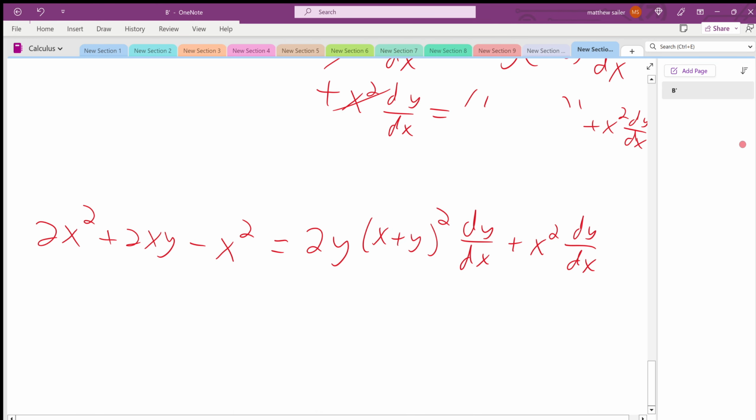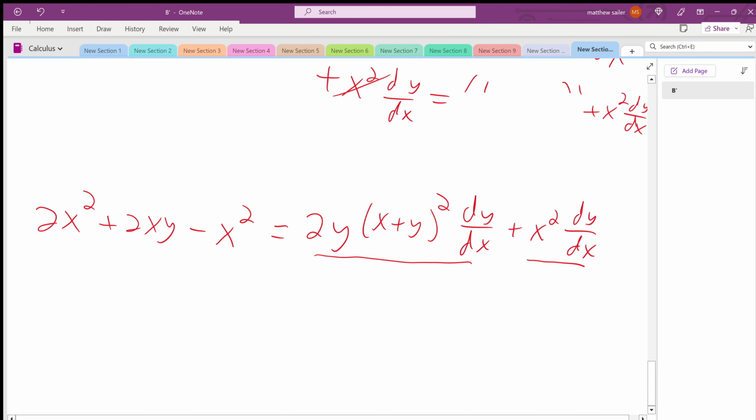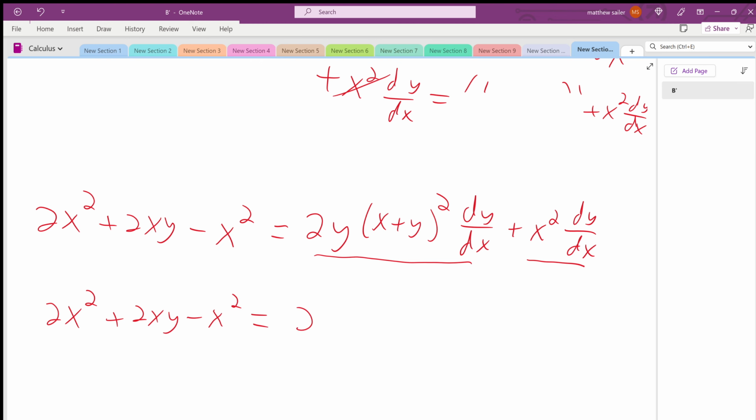And now, since we have dy dx multiplied by each piece, we can take it out and move it to be by itself. On the left hand side, we are left with the same thing, 2x squared plus 2xy minus x squared equals 2y x plus y squared plus x squared times dy over dx.